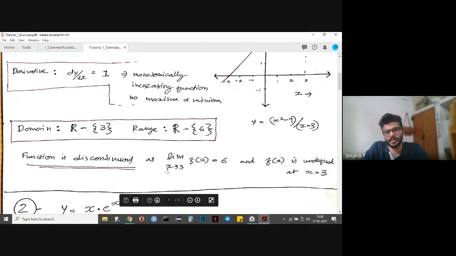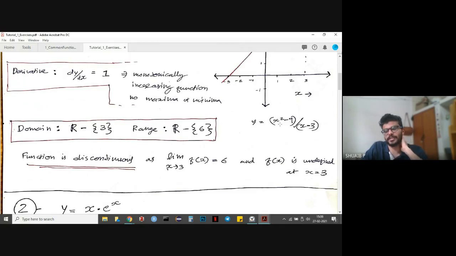How we can calculate it is, the limit of this function will be the limit of the numerator divided by the limit of the denominator. So here you can see when it approaches 3, it will be 0 by 0.